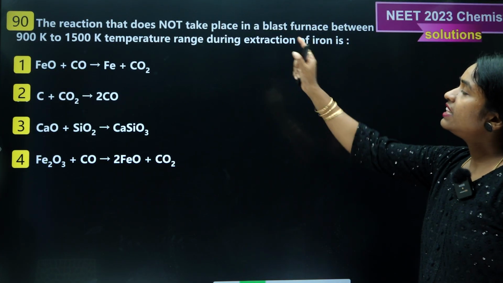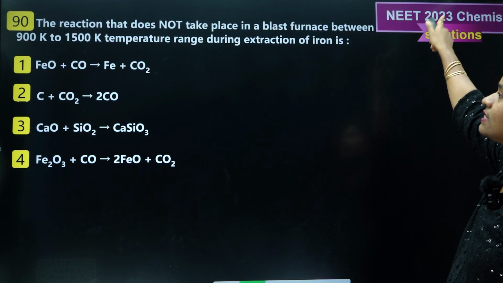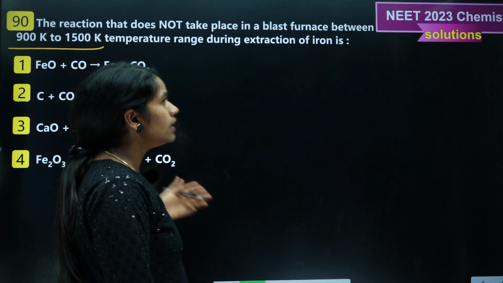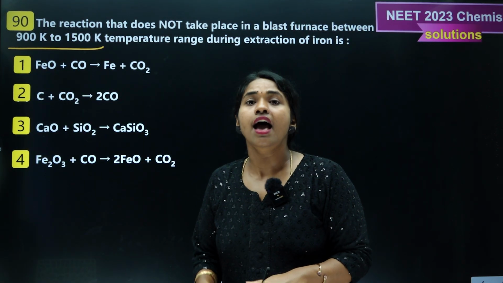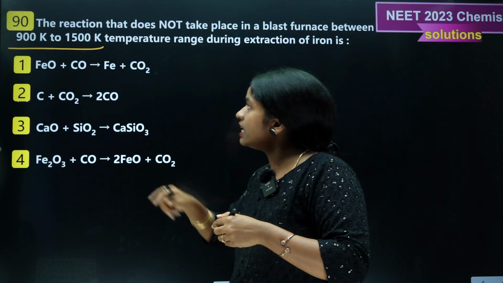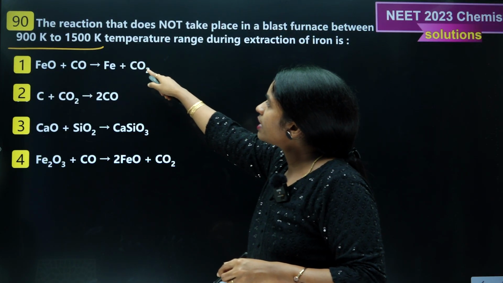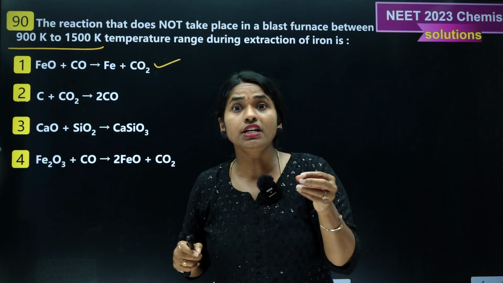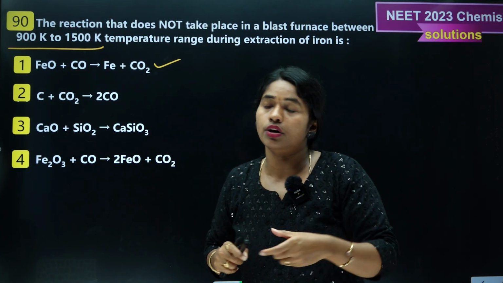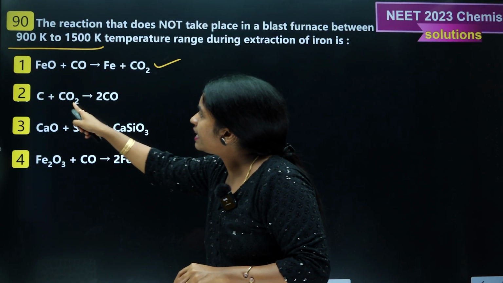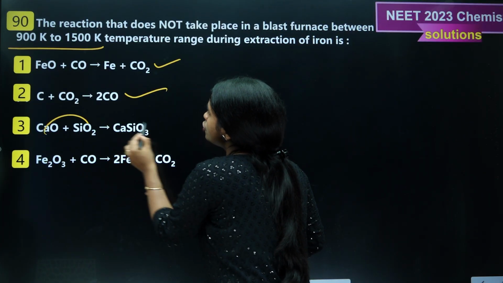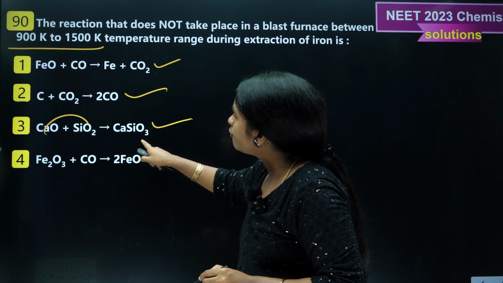See the next question. The reaction that does not take place in a blast furnace, a completely memory based question, 900 Kelvin to 1500 Kelvin. If you see here, FeO plus CO gives rise to Fe plus CO2. This is the reaction which takes place at the reduction zone. And see here, coke reacts with CO2, and this is a slag formation zone.